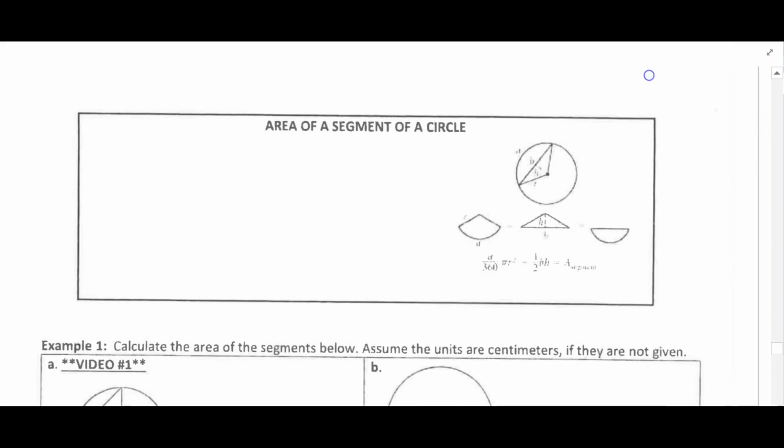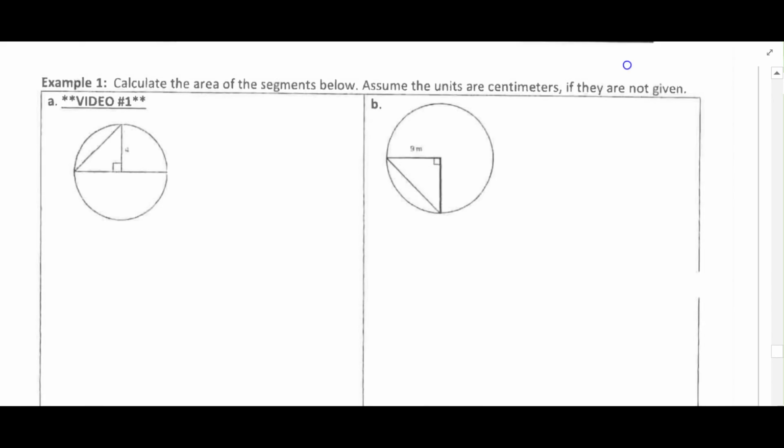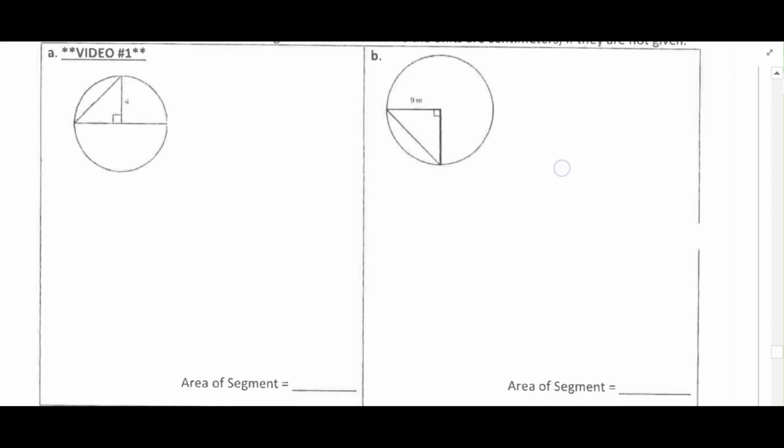Let's scroll down to example 1 part A, and let me highlight the segment that we're finding over here. Okay, so that's the segment that we're going to find. So we need to find this sector, and then we're going to subtract this triangle from it, and that'll give us the highlighted segment of the circle.